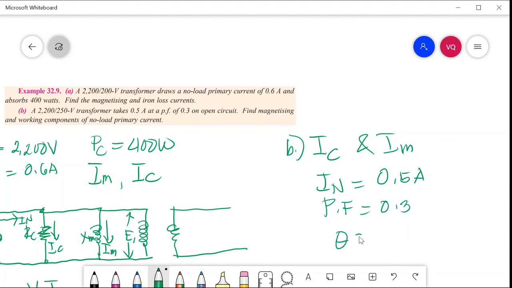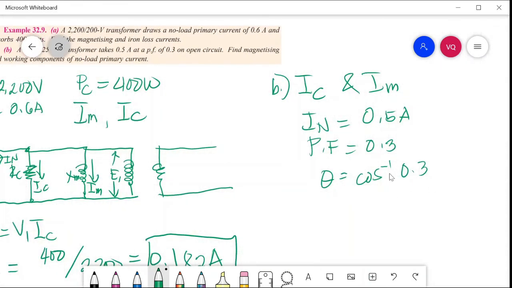So theta is equal to the inverse cosine of 0.3. Our power factor is, di ba, cosine theta. So the inverse cosine of 0.3 is, your calculator must be in degrees, 72.542 degrees.